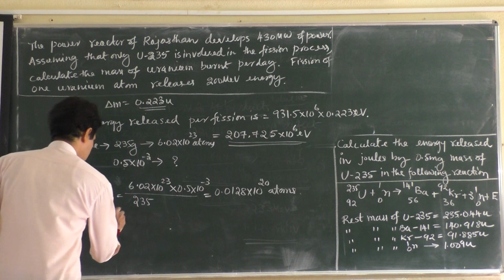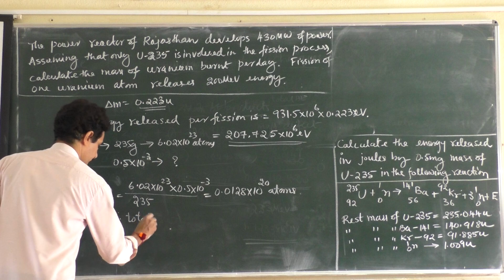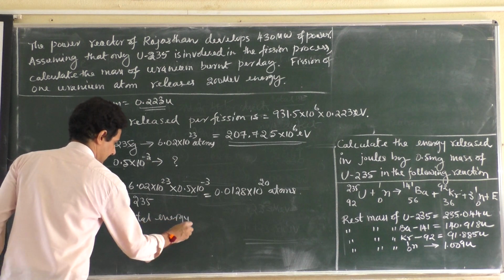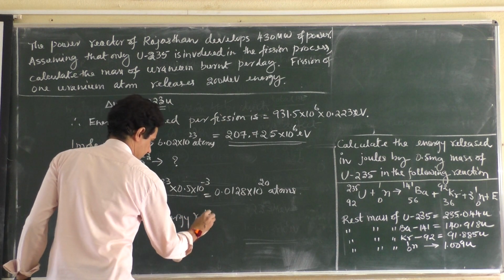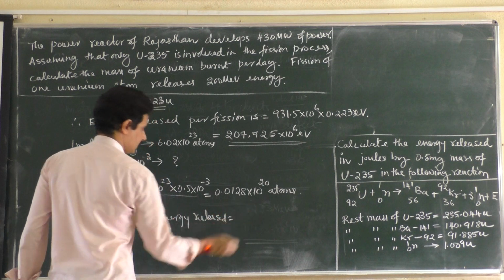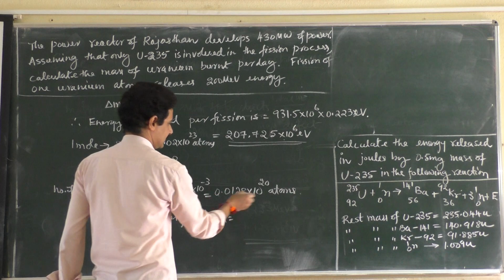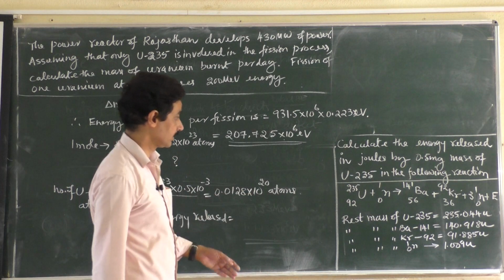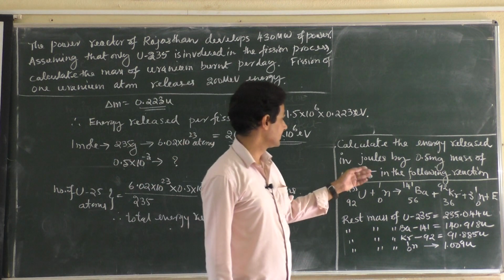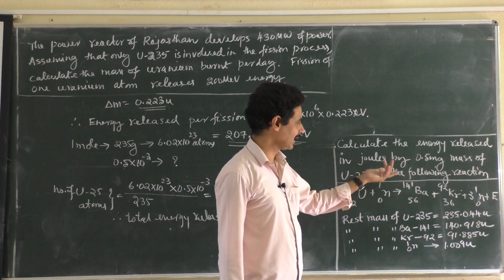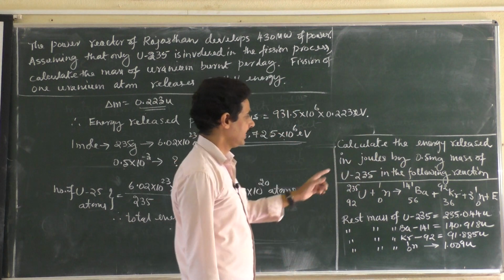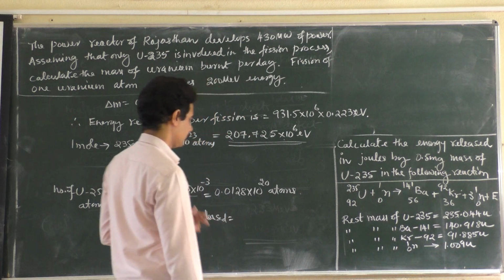Therefore, the total energy released is these many atoms times the energy for one fission. What is the final question? Calculate the energy released in joules by so much milligram of uranium in the following reaction.